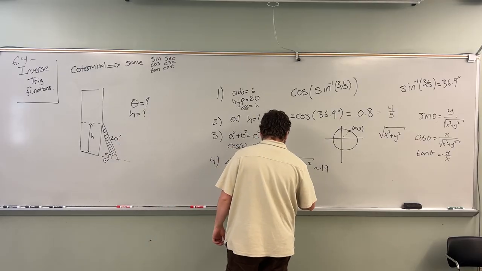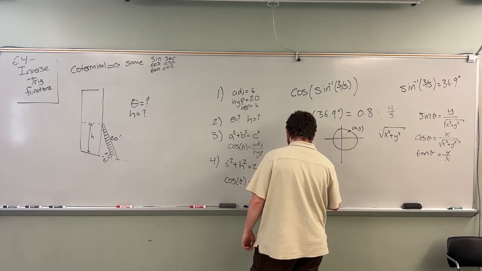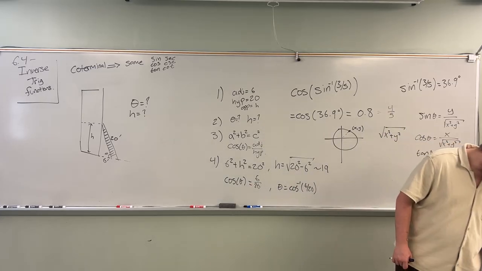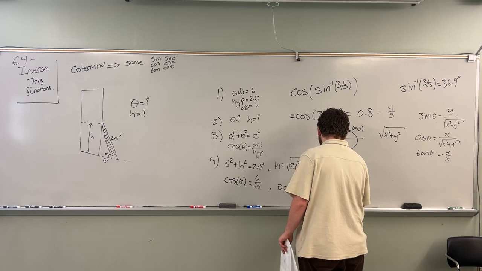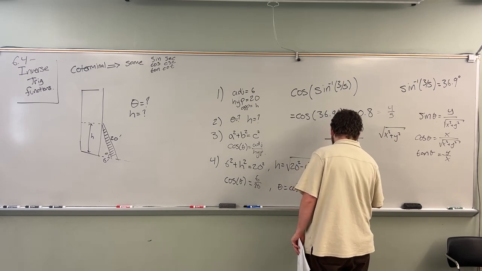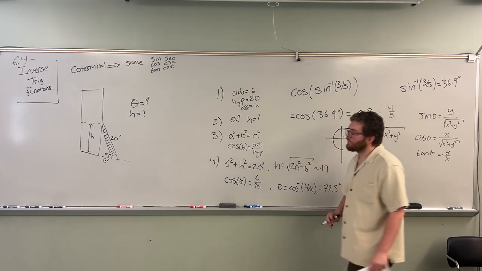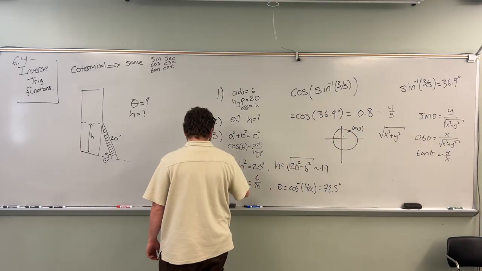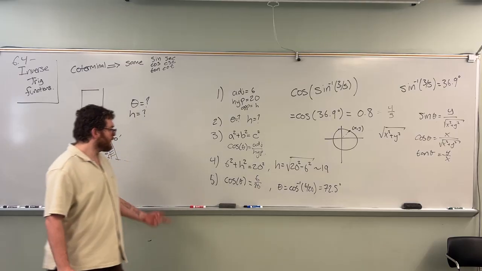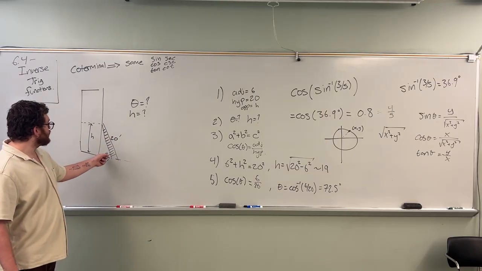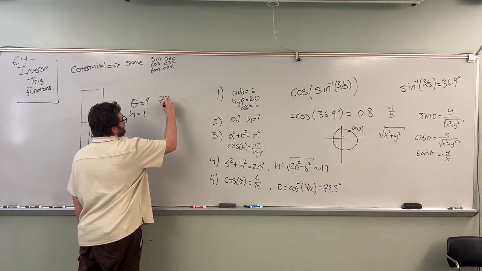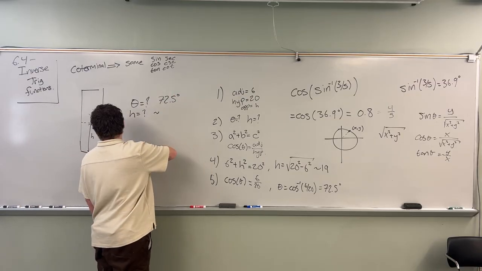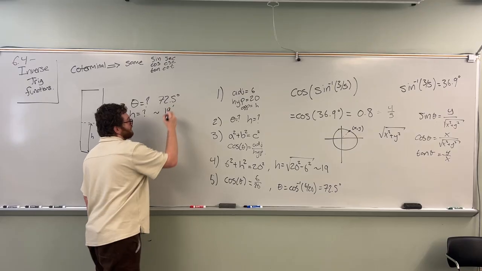So I get theta equals the inverse cosine of 6 over 20, which is 72.5 degrees. And that gave me really step 5 as well, solving for my unknowns. I have that this angle here is 72.5 degrees. I have that the height up the building is approximately 19 feet.